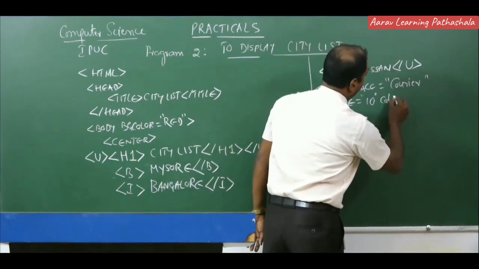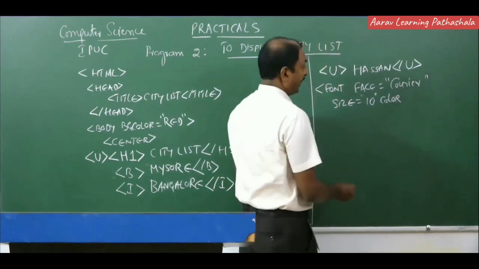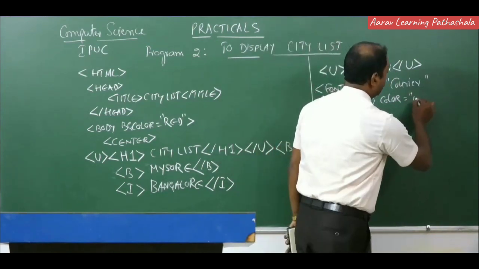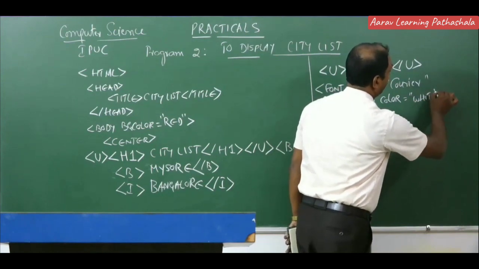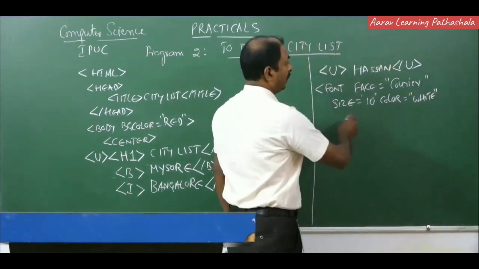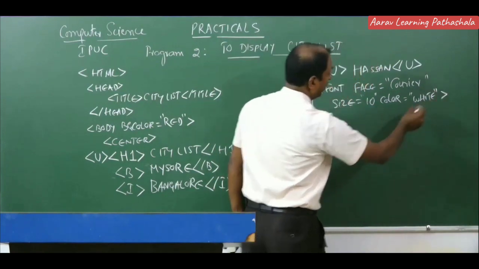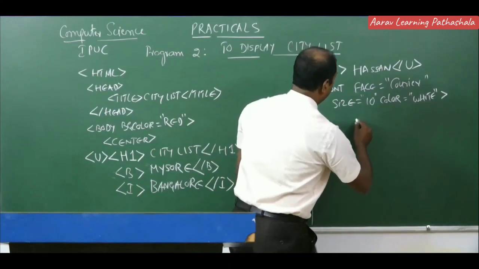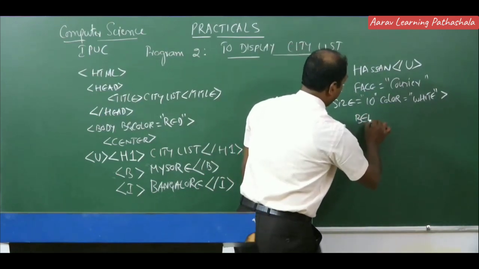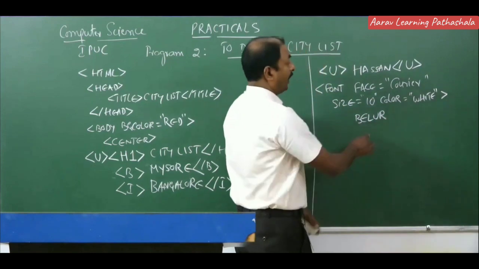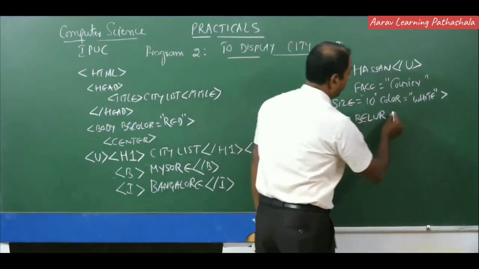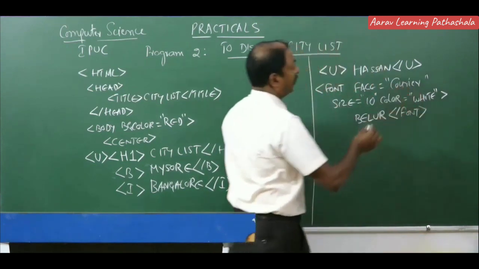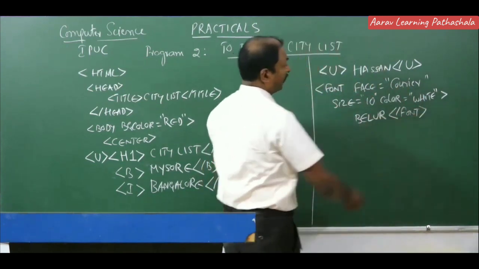Space. Color of the font, color of the text. Let it be, for example, white. I am closing, and now we have to close this font tag and write the content here. If I write one more city name, I can write Belur, B-E-L-U-R, Belur, and I am closing this font tag with /font.